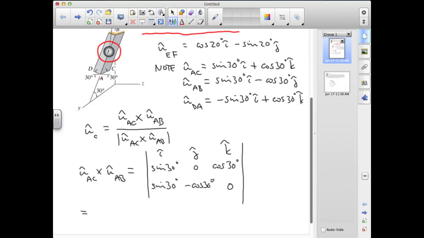And using our cross product rules in the I direction, we'll get 0 minus a minus cosine squared 30, so that will give us cosine squared 30 degrees in I. Then we'll have a minus j times a 0 minus a product of sine 30 and cosine 30, which will give us a plus sine 30 degrees cosine 30 degrees. And in the k direction, we'll have a minus sine 30 cosine 30 minus 0.